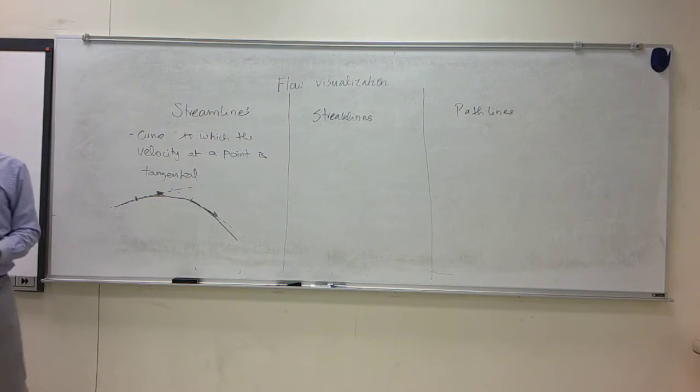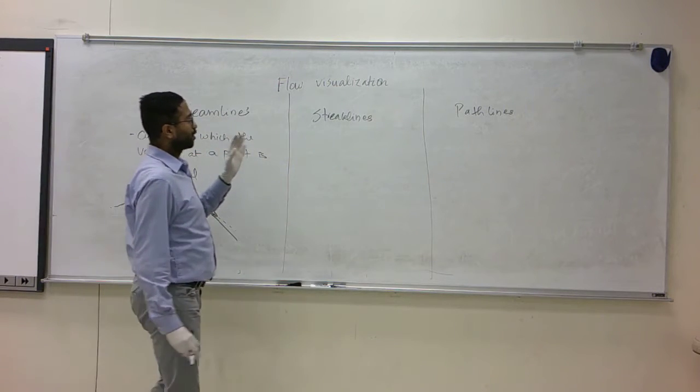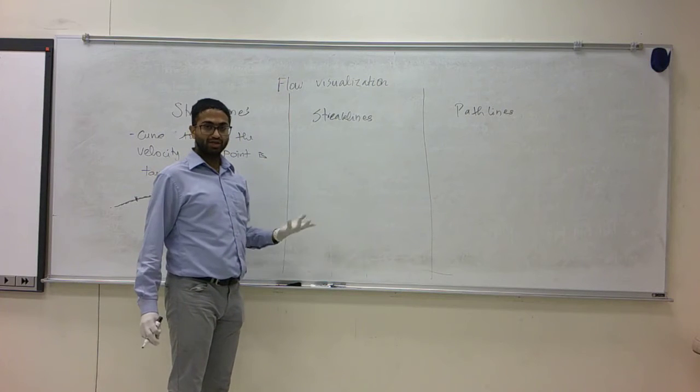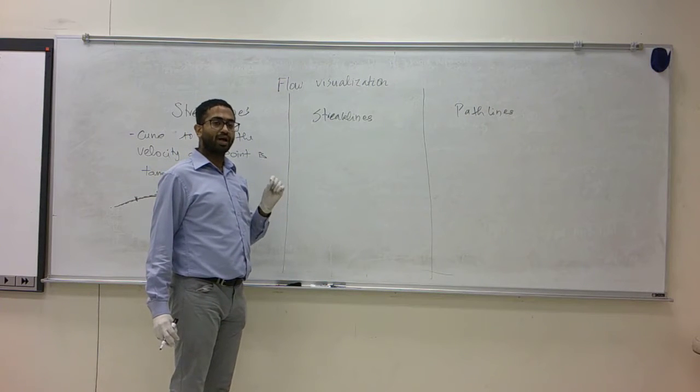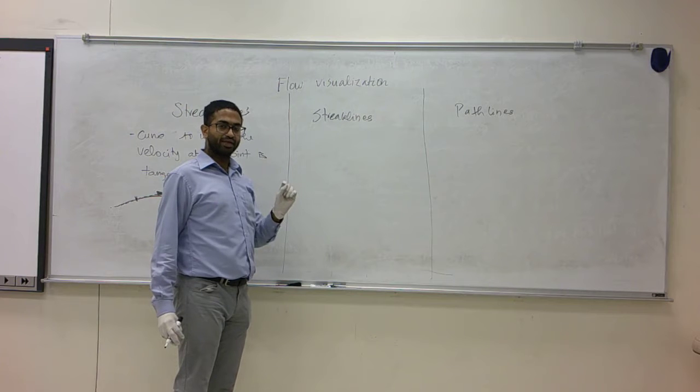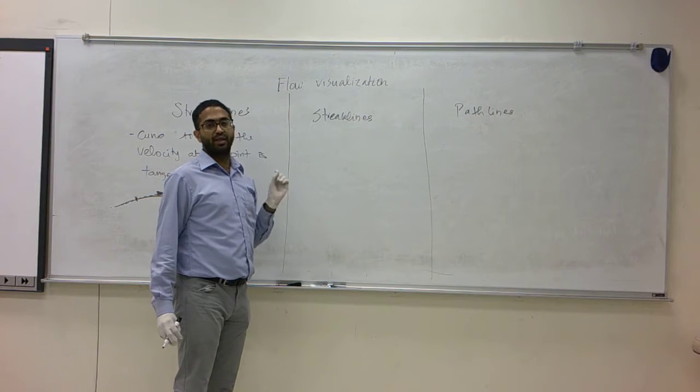Okay, so a streamline is usually visualized to understand the direction of the velocity at a particular point. Okay, the next concept, the streak line, is a collection of points which have all passed through a single point in space at some point in their history.